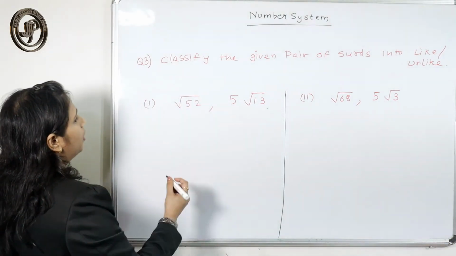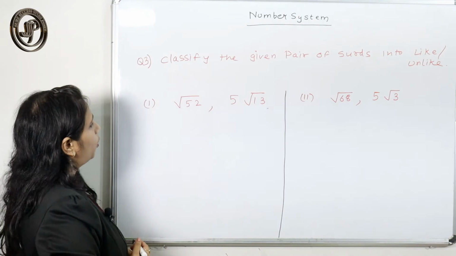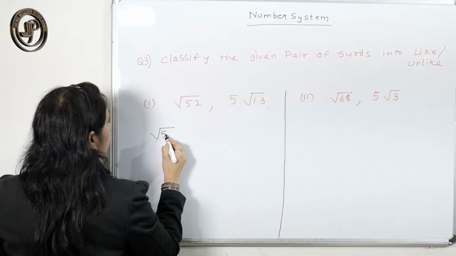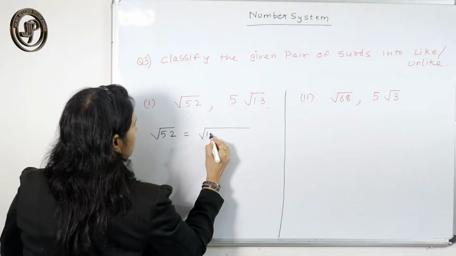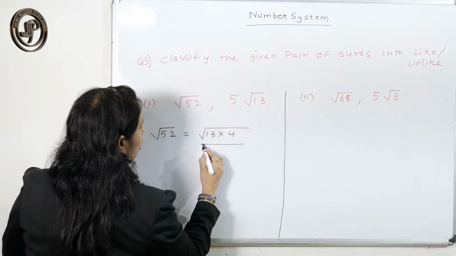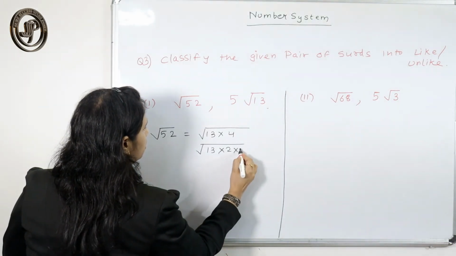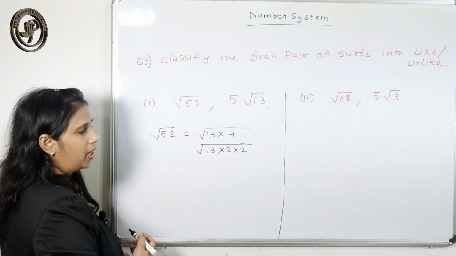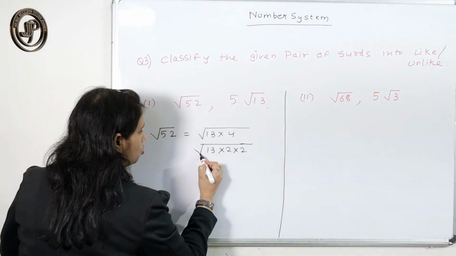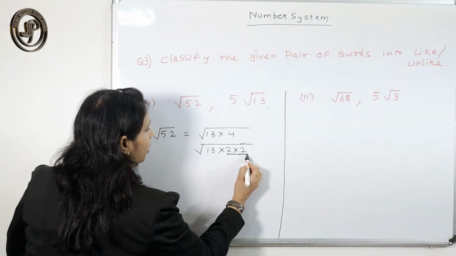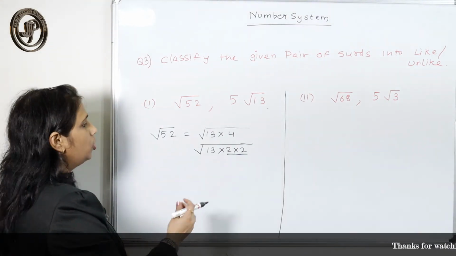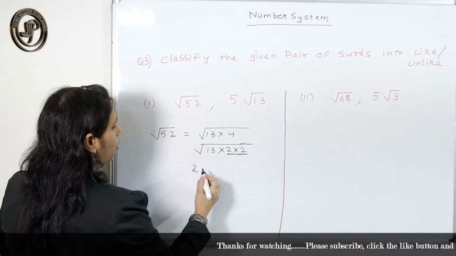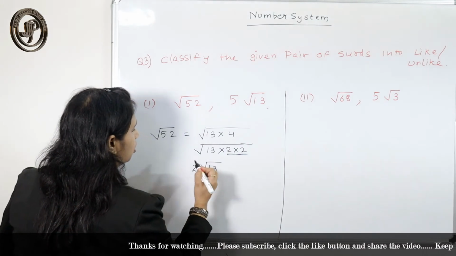Because here, root 52 you can write as 13 into 4, or 13 into 2 into 2. Since its order is 2 here, you can take a pair of 2 out. If you take this pair out, you are left with root 13.